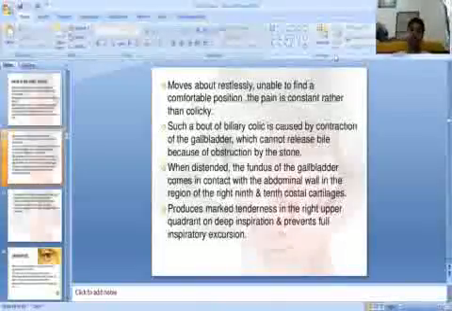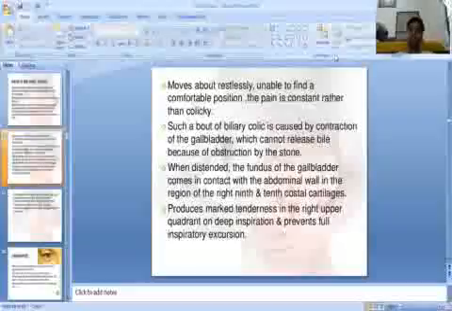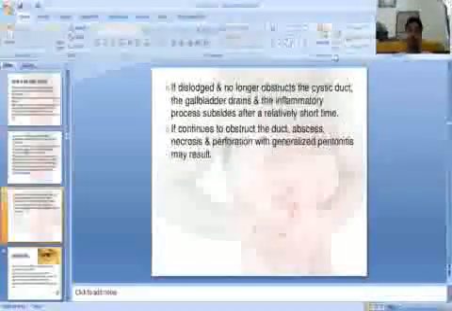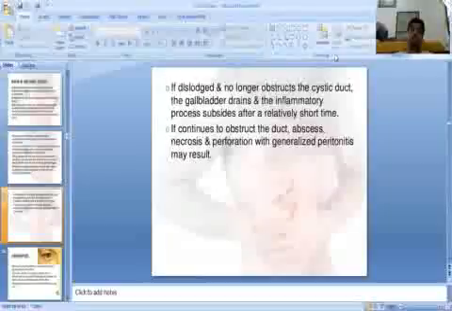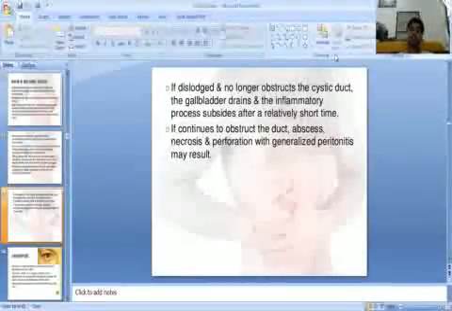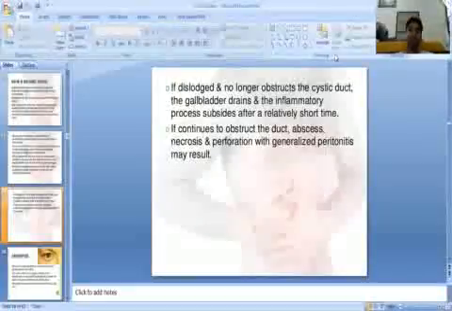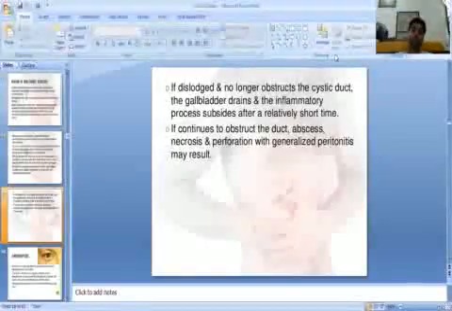This produces marked tenderness in the right upper quadrant on deep inspiration and prevents full inspiratory exertion. If the stone is dislodged and no longer obstructs the cystic duct, the gallbladder drains and the inflammatory process subsides after a relatively short time. If it continues to obstruct the duct, abscess, necrosis, and perforation with generalized peritonitis may result.